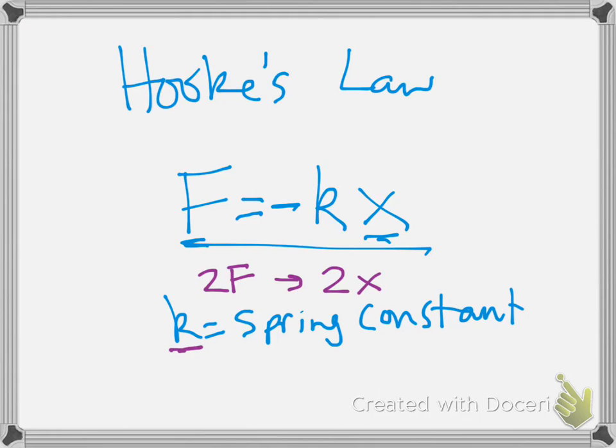So let's go back to this K real quick. This K is called the spring constant. It's basically how stiff the spring is. So if the spring is very stiff, then a force might not extend it very much. If it's very loose, like a slinky, then the same force might extend it a lot. So let's say we care about what that spring constant is.